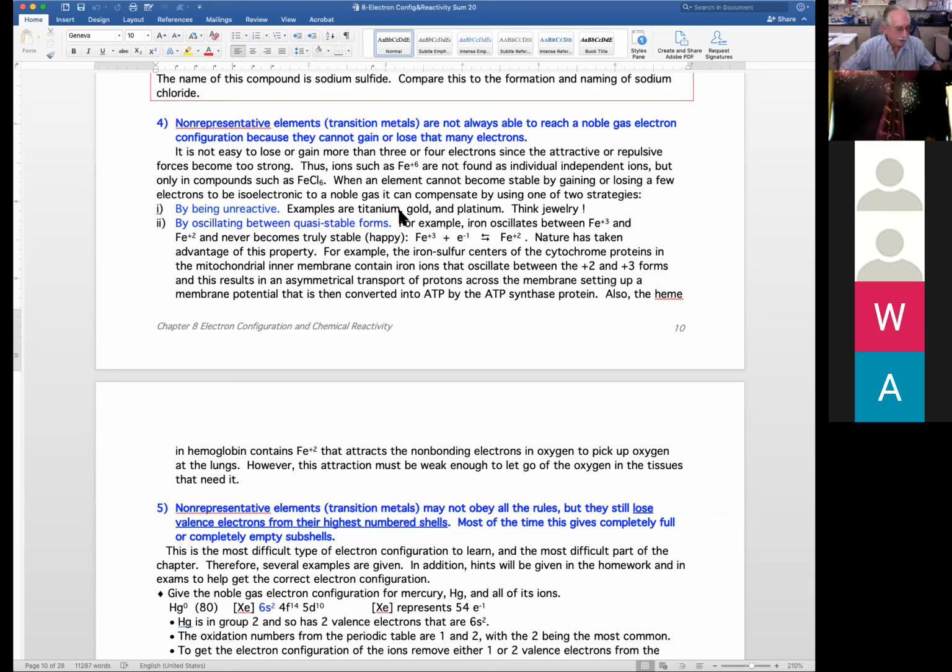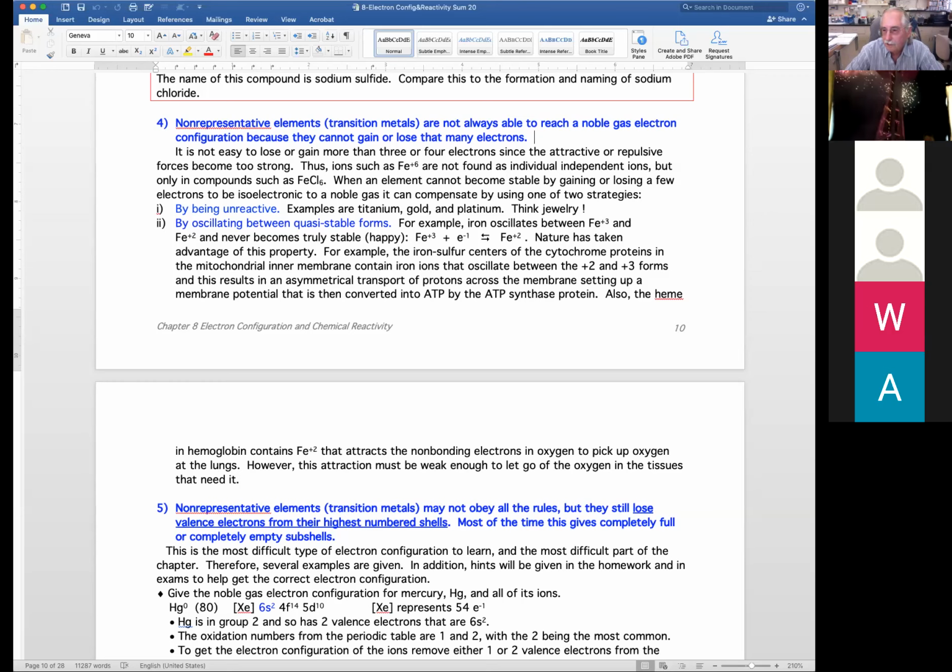So iron, if you look at it on the periodic table, most have a 2 and a 3. Some also have a 6 there. The 6 is not possible for an ion. That's only when it forms certain compounds. So most periodic tables have only a 2 and a 3. So that means that iron can lose 2 electrons.